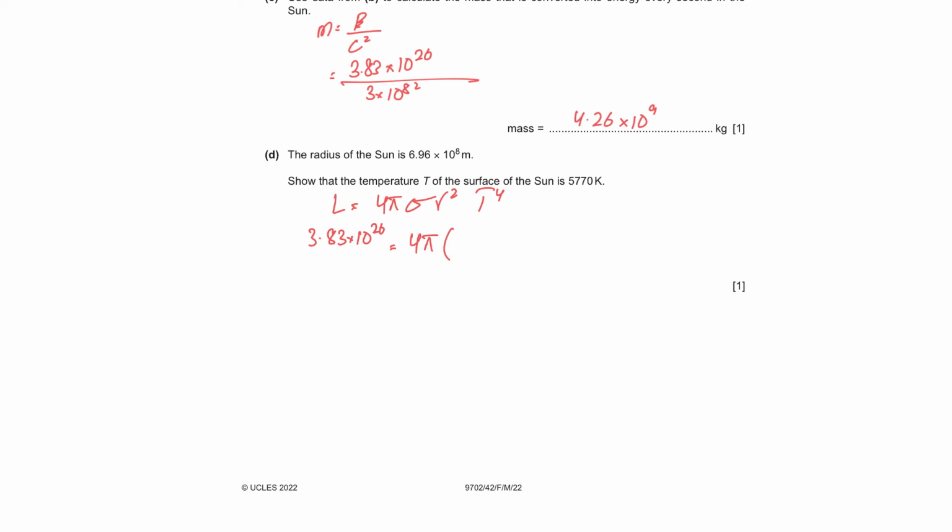The constant sigma has a value 5.67 into 10 raised to the power minus 8, times r squared, which is the radius, 6.96 into 10 to the power 8 squared, times temperature T raised to the power 4. We'll make T the subject of our equation and solve for T. This would give us T is equal to 5770 Kelvin.